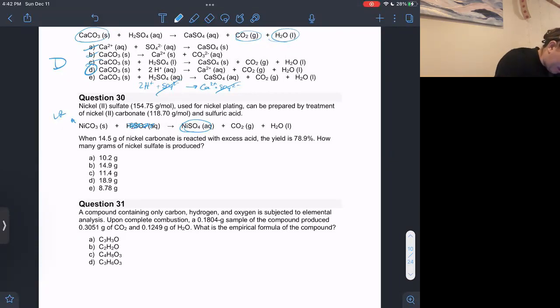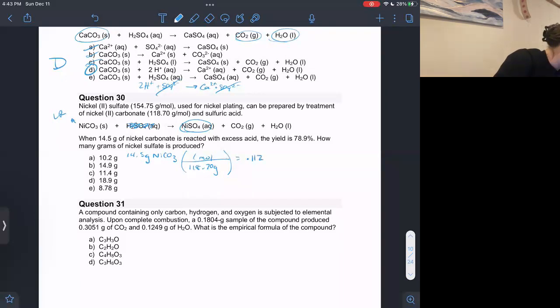So I have 14.5 grams of NiCO3. And so this is going to be in moles. Nickel carbonate is 118.70 grams per 1 mole. So this would be 14.5 divided by 118.70.